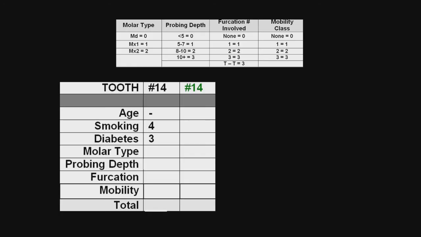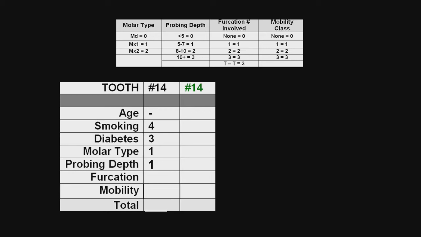Now, let's look at the other 4 factors: molar type, probing depth, furcation involvement, and mobility. In this case, we're scoring the first molar, which provides 60% function, making it a very key tooth. So if you maintain a first molar occlusion, including the function of the 2 premolars, you have 80% function.